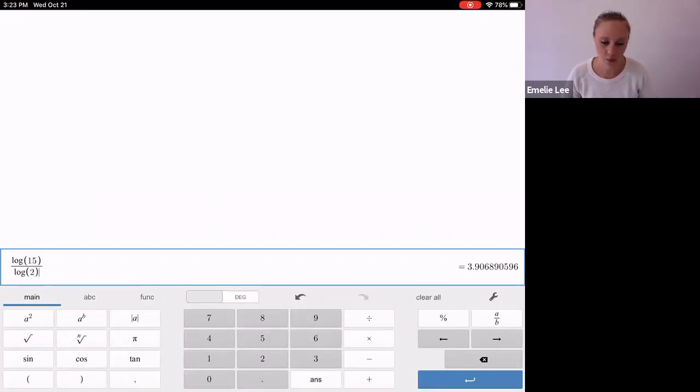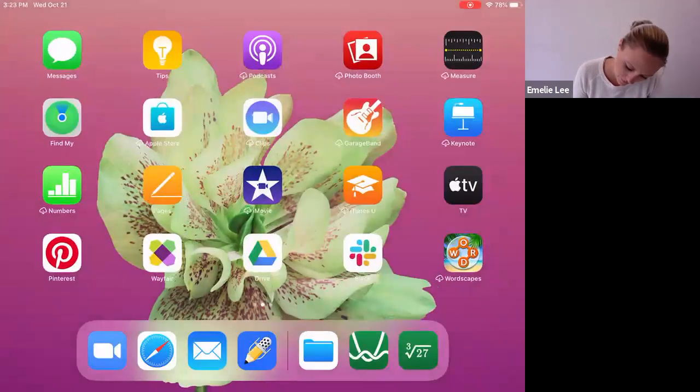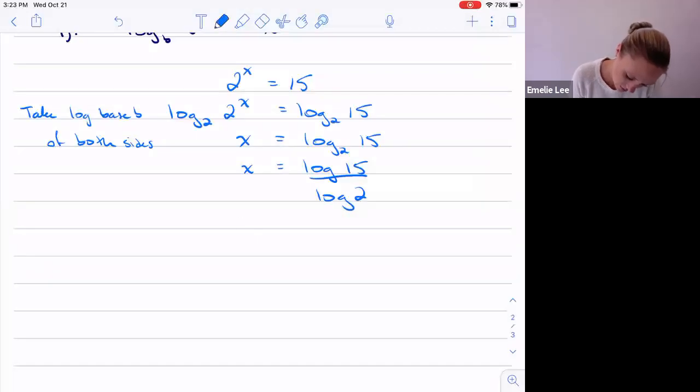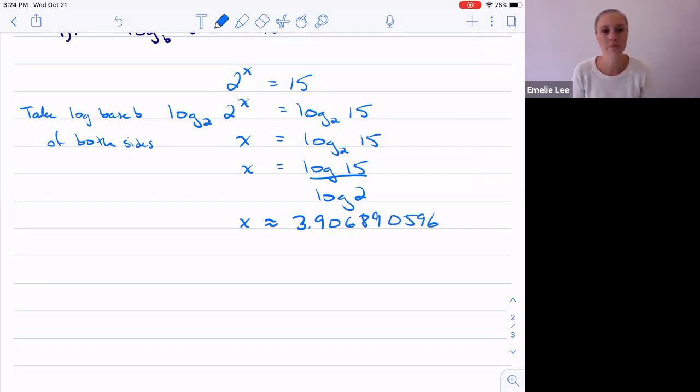Roughly 3.906890596. I'm going to cheat and do it on here. Log base 2 of 15. X is approximately equal to 3.9068900596 using my calculator.